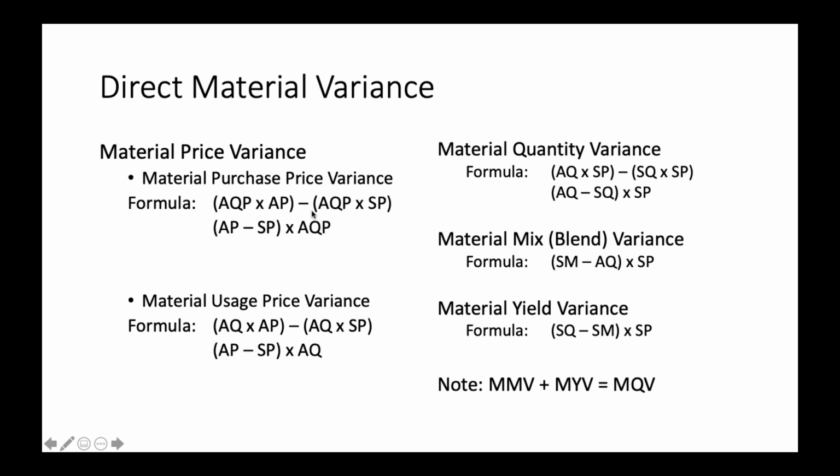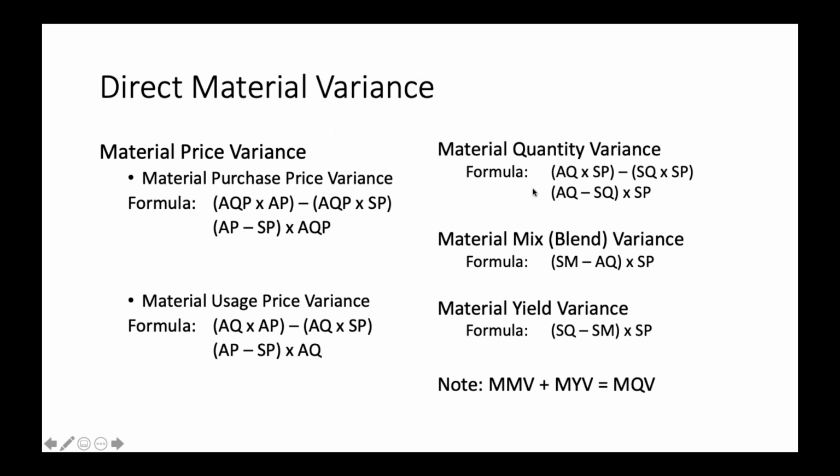So this one, we are trying to get the variance on the quantity purchased, the variance caused by the price and the quantity purchased. Well, this one, we are trying to determine the price variance, or the variance caused by the price on the actual quantity used in the production.